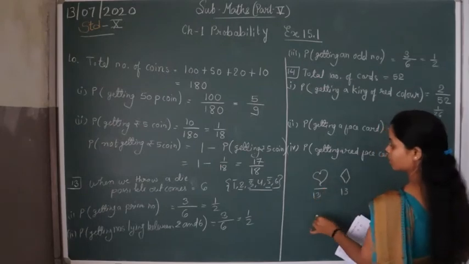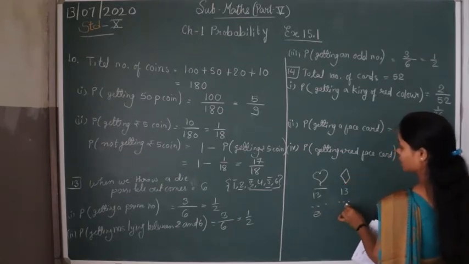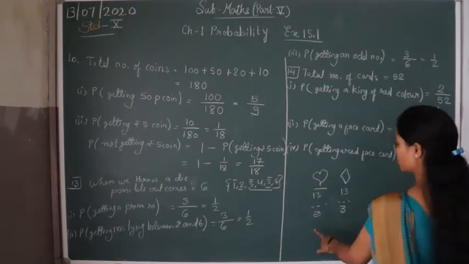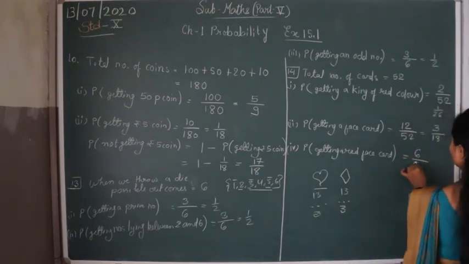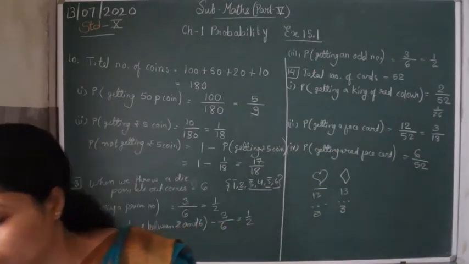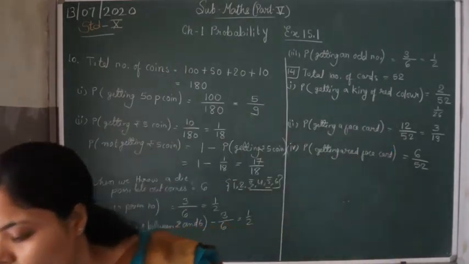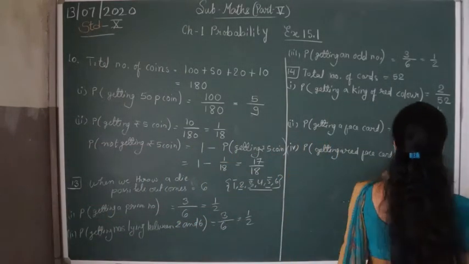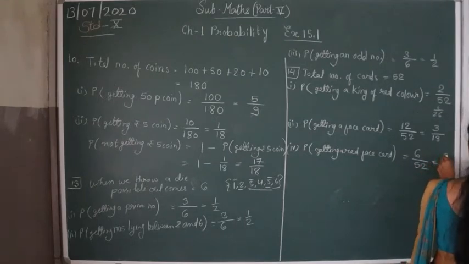In hearts, king, queen and jack, 3 face cards, and in diamonds, king, queen and jack, there are also 3. So 3 plus 3, 6 red face cards. And the possible outcomes are 52. So solve it.